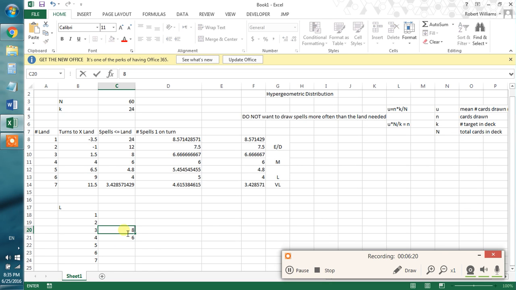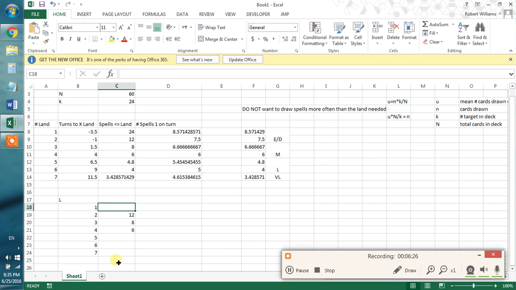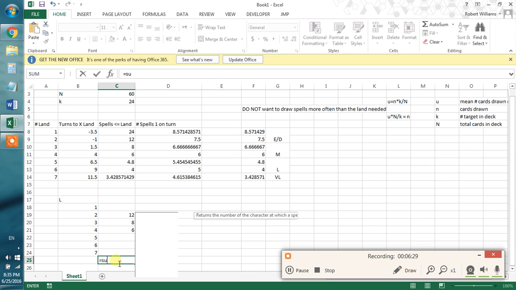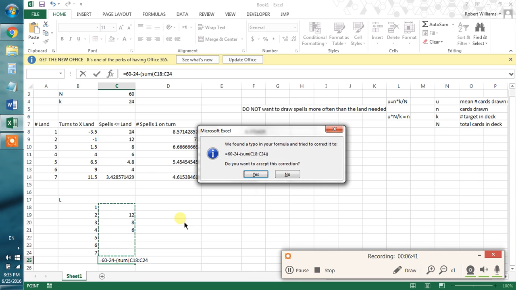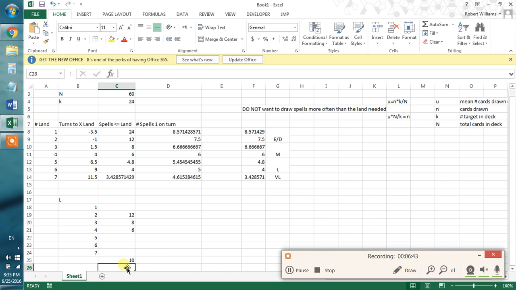In fact, I would tend to go 8, 12, and since we're running 60 minus 24 minus the sum of these guys, yeah, do it.